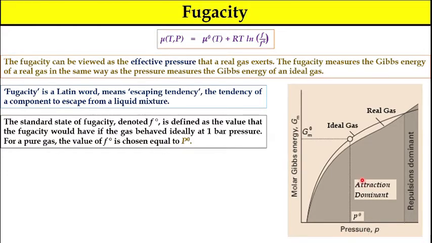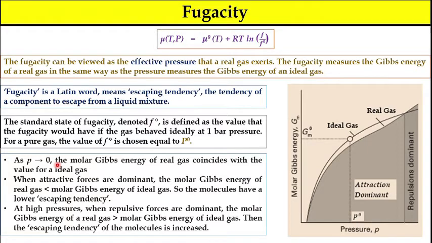So what does this curve indicate? As P tends to 0, you can see at the low pressure, the molar Gibbs free energy of real gas coincides with the value of ideal gas. Okay, that's why I have already told you that at very low pressure, real gas behaves ideally.